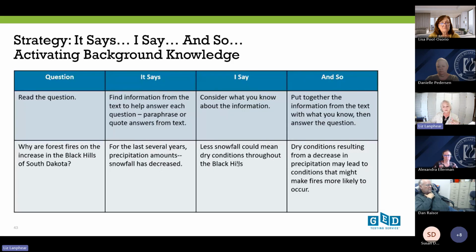Less snowfall could mean that the conditions are dry throughout the Black Hills. So logically, dry conditions result from a decrease in precipitation and may lead to conditions that might make fires more likely to occur. They can make those leaps. So start little on something like that, and then just keep working up into more complex ideas.